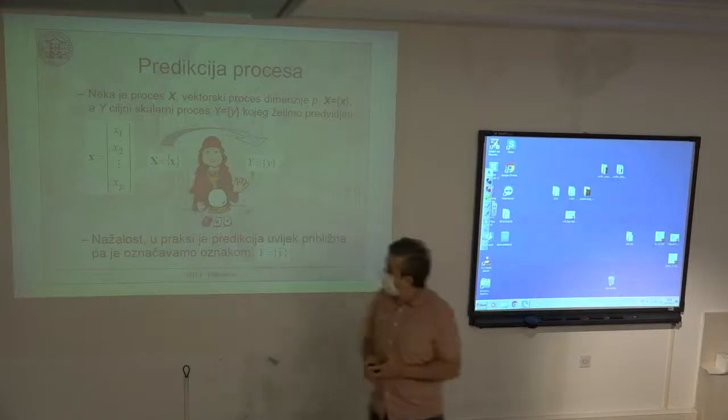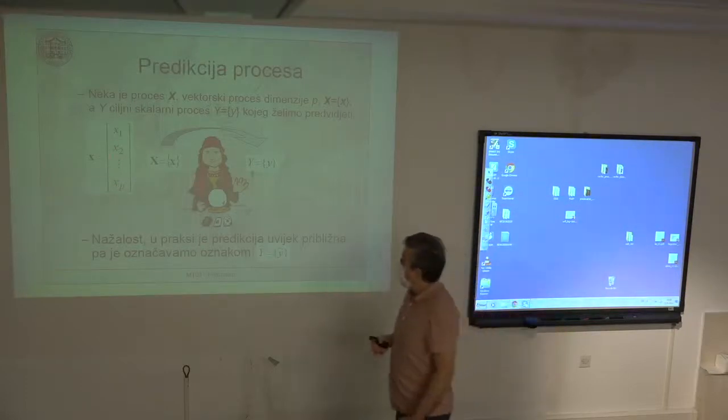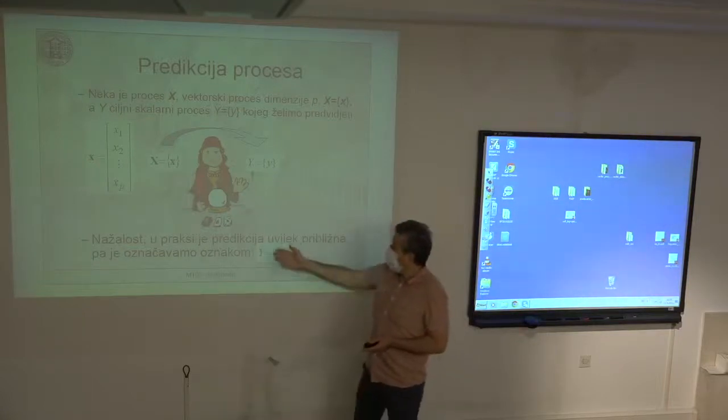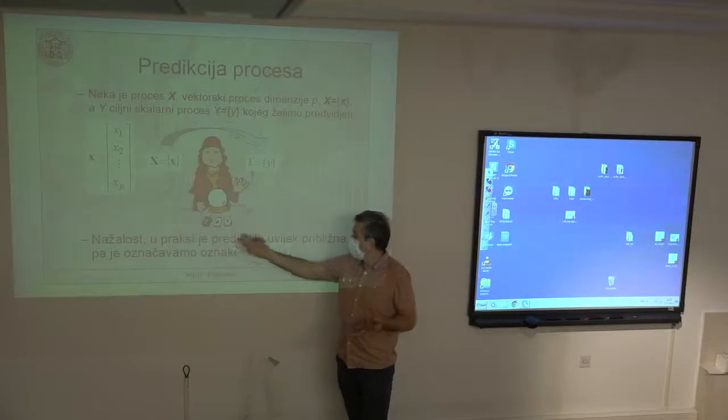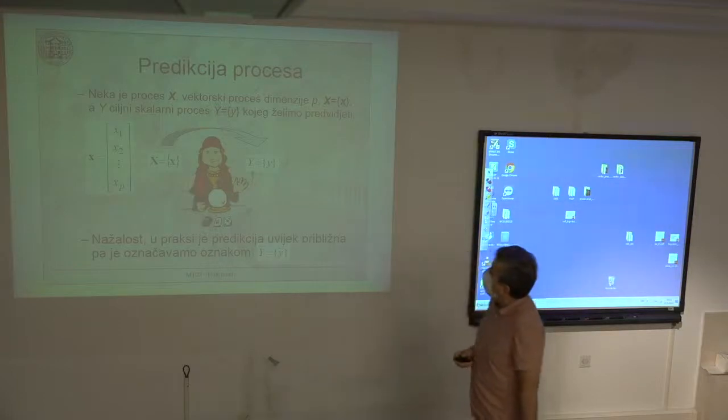Okay? And then the question is, can we predict y from x? And if we can, how accurate will this prediction be? In the actual application of this predictive coding, such prediction is always approximative. It is not exactly equal to the target value.